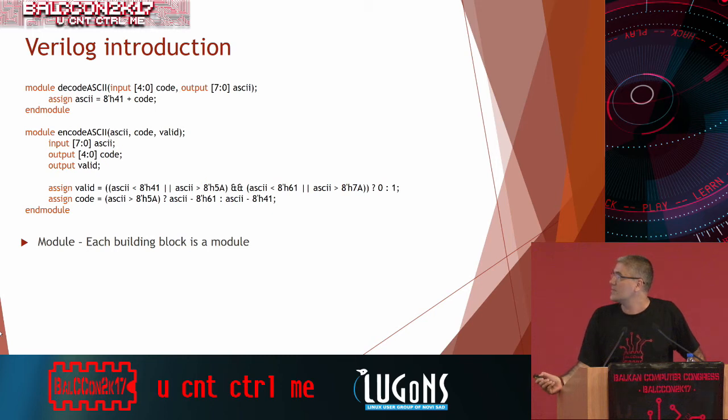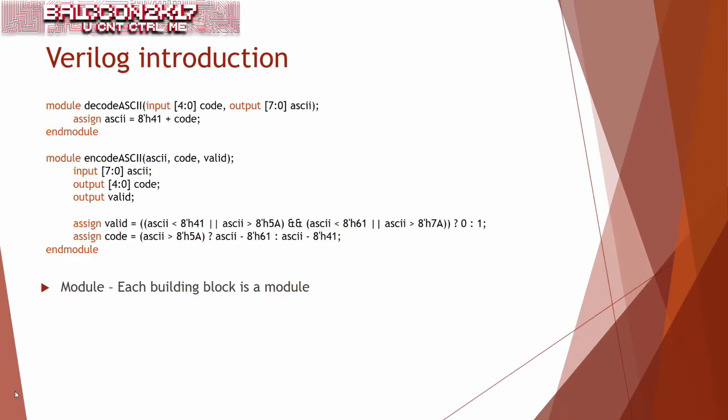If it's higher than 5A, then we use this calculation, and if it's lowercase, then we use this calculation. So we get it from 0 to 25, basically. I mean, it can be out of that range, if you can see here, because if we press something else, but we will have this valid flag, so it will tell us, so we don't care, actually.